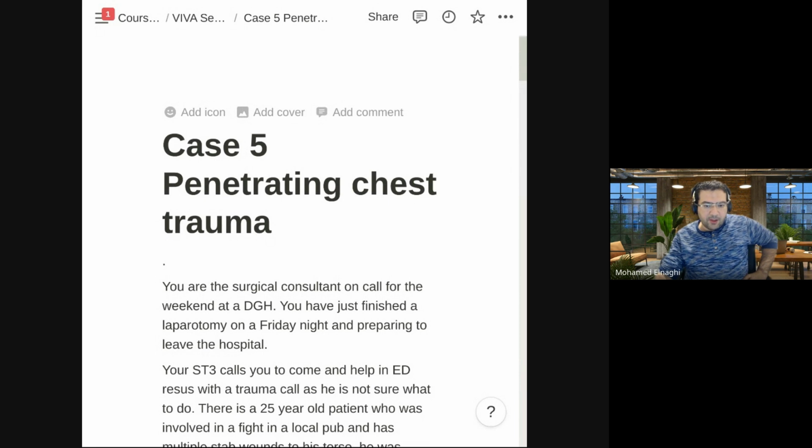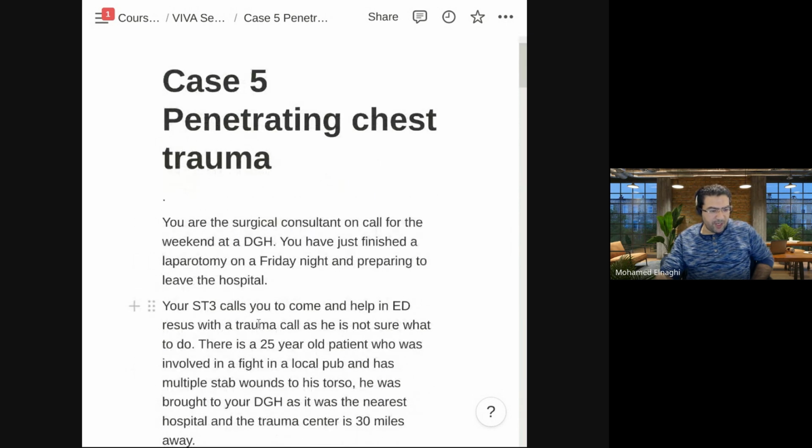So you are the surgical consultant on call for the weekend at DGH. You just finished a laboratory on Friday night and are ready to go home. Your ST3 calls you to come to help ED with the resuscitation of a trauma patient who is 25 years old, involved in a fight in a local pub and has multiple stab wounds in his torso.